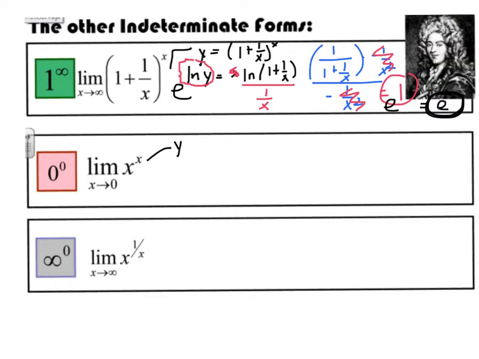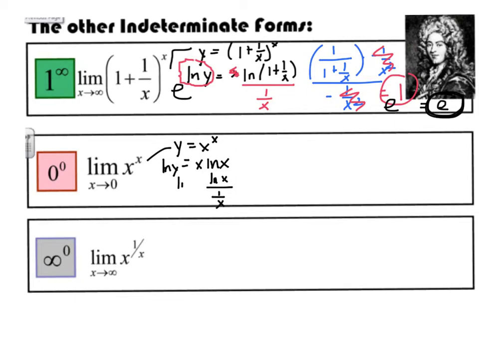We say, okay, y is equal to x to the x. So the natural log of y is equal to x natural log x. Okay, if I plug in 0 to this, I get 0 times infinity. So we're going to use L'Hopital's rule again. We're going to have natural log of x over 1 over x, like that.